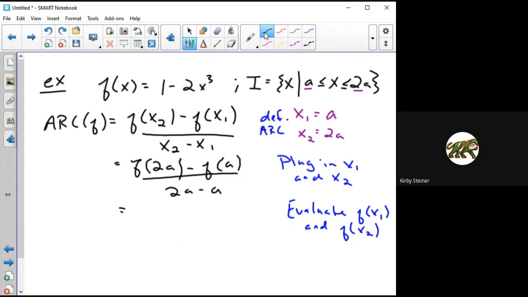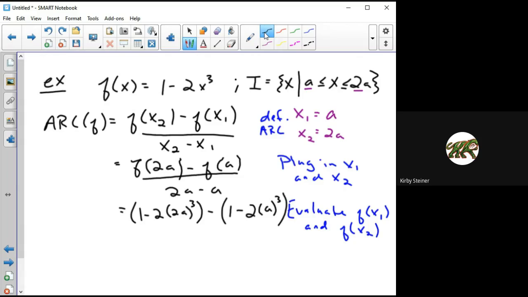Let's start with f of x2. So we have f of 2a, which is 1 minus 2 times 2a to the third, minus f of a, which is 1 minus 2a to the third.